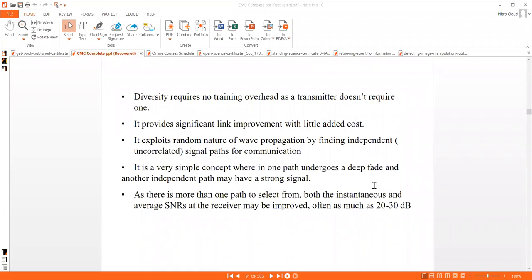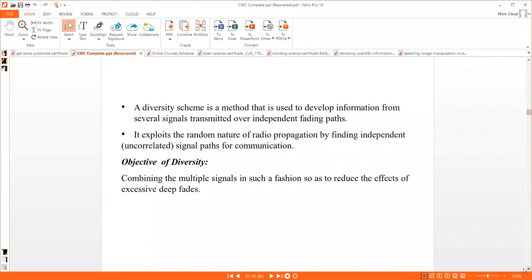These are the main points we have to remember while going into diversity receivers.